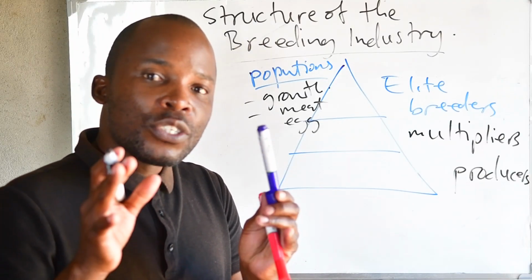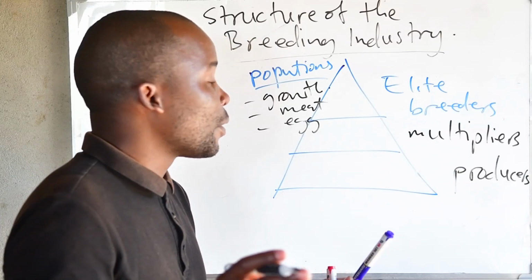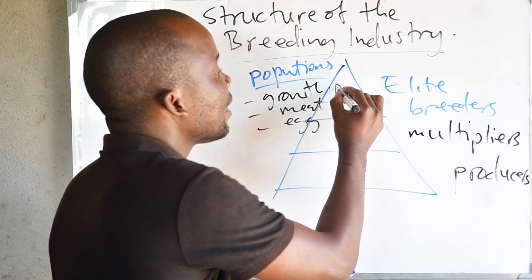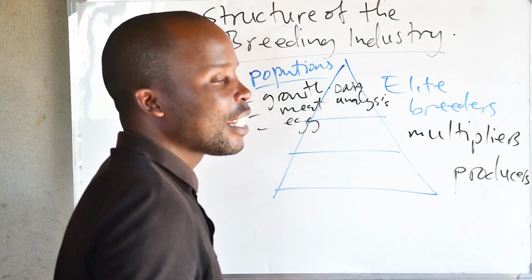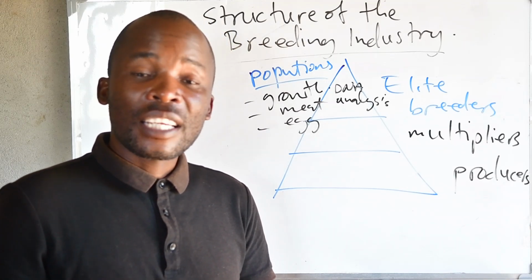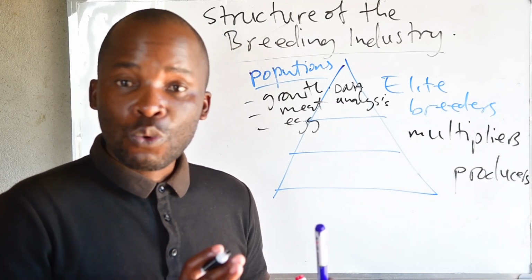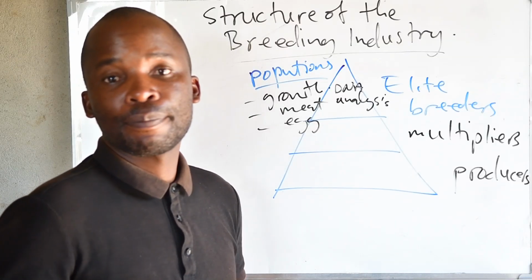So they do a lot of selection, as I said, and also they might even do DNA analysis so that these traits that they are selecting for are really correct. They don't want to disseminate anything that is incorrect downstream.